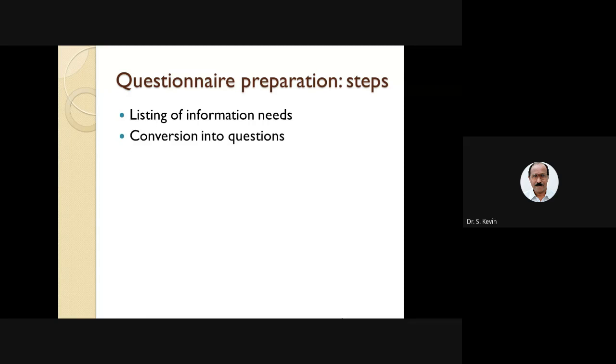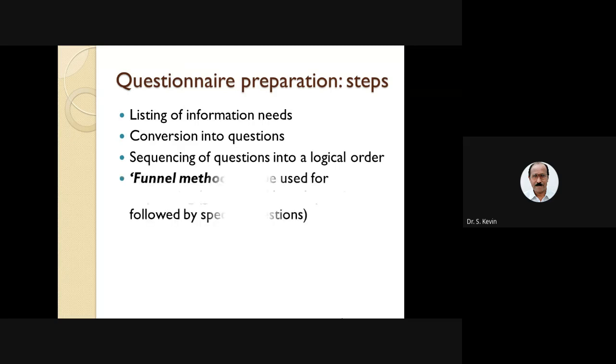Then put the questions in a logical order, because you have to get a lot of information. There may be 5, 6, 7 types of information. We want 6 different types of information. So we need 6 or 7 different types of questions maybe there. So we have to put them in a logical order, so that the respondents will be able to answer easily without strain. So this is called a funnel method.